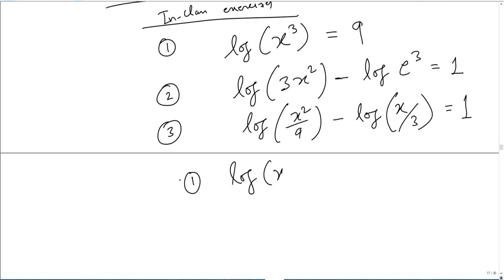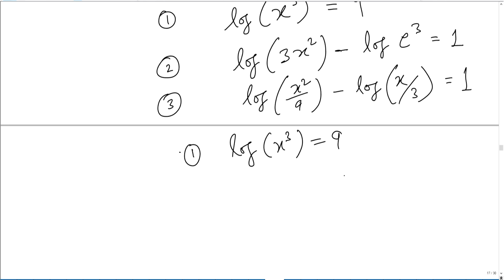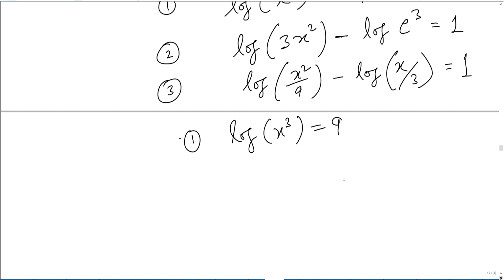Log of x cube equals 9. We need to solve it for x. First, we can simplify this term, log of x cube. That should be our approach when dealing with equations which have logarithmic and exponential functions. We should first try to simplify the term. So, log x cube can be simplified as 3 log x.